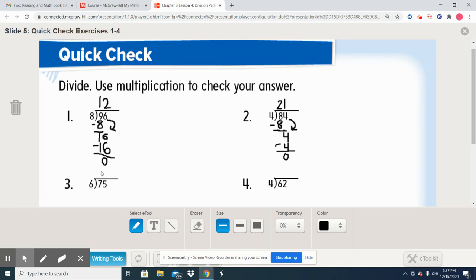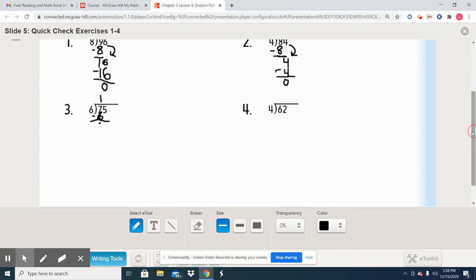6 goes into 7 1 time. So 7 minus 6 is 1. This is kind of hard for me to do this one. For some reason, it's not allowing me to write below here.